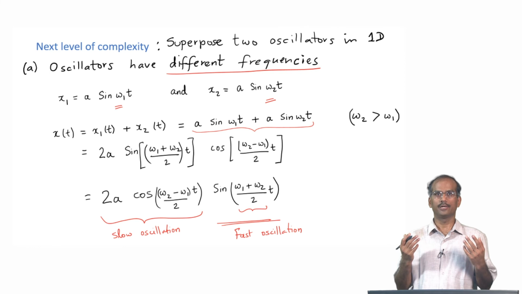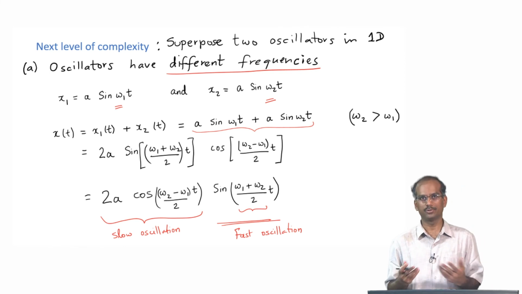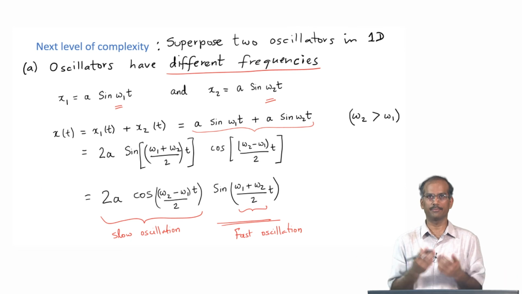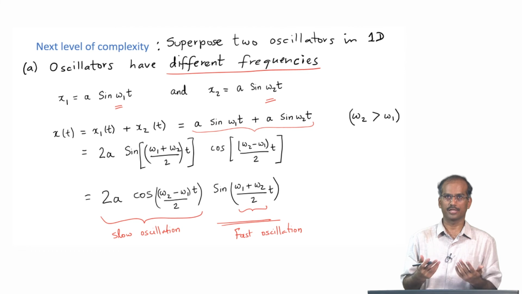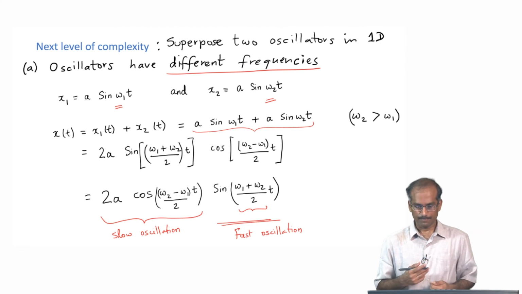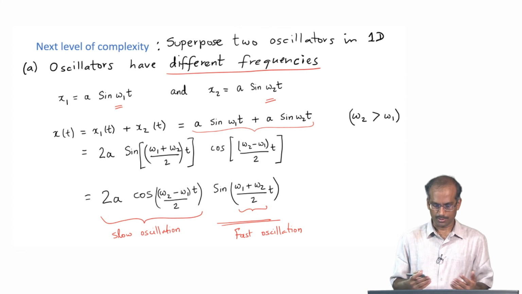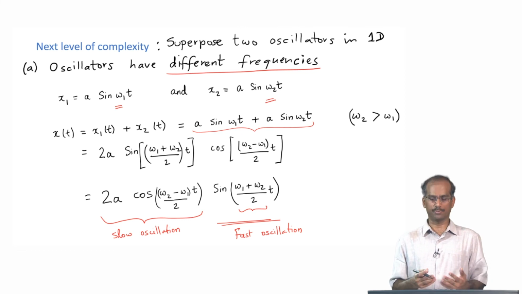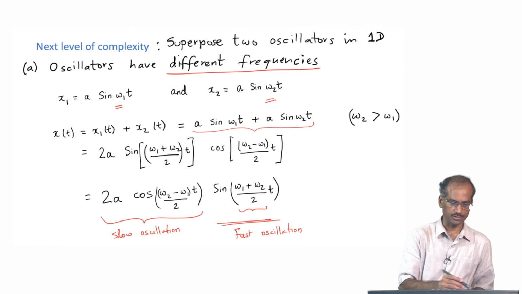As usual, the principle is that the net displacement is the sum of the two displacements, because they are in the same direction or in the same dimension. And when you simplify it, you see that the net displacement is a combination of two parts, one which is a fast oscillation and the other which displays slow oscillations.